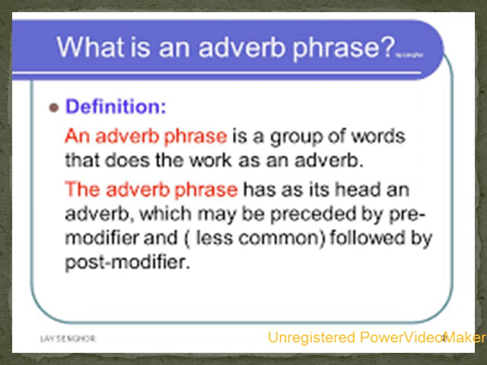The adverb phrase has as its head an adverb, which may be preceded by a pre-modifier and followed by a post-modifier. Adverb phrases can be used in any position in a sentence.